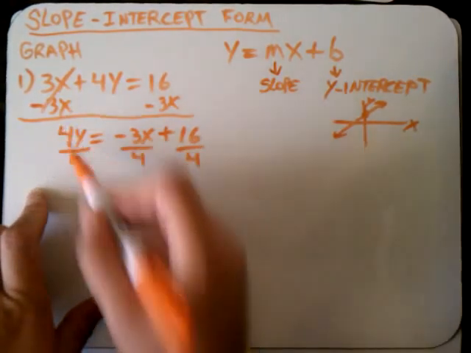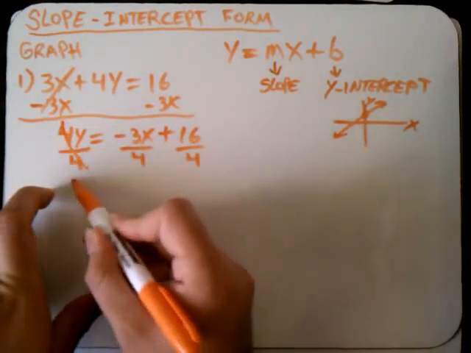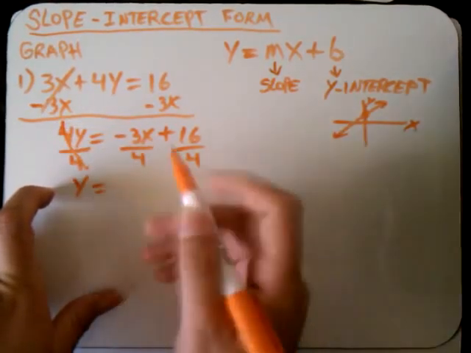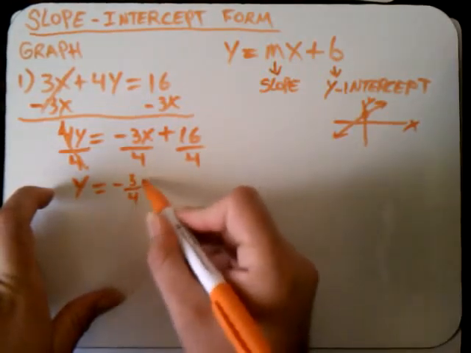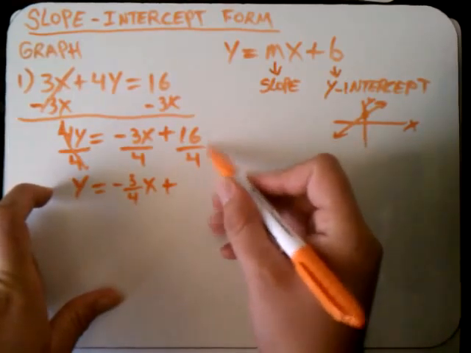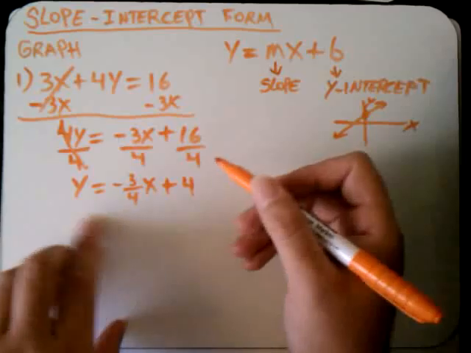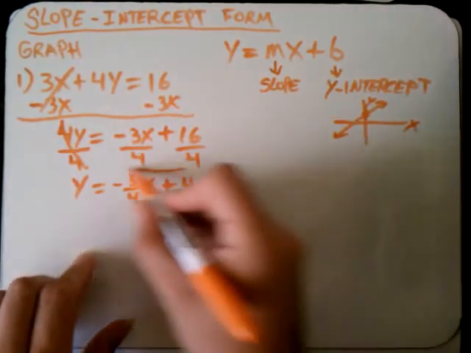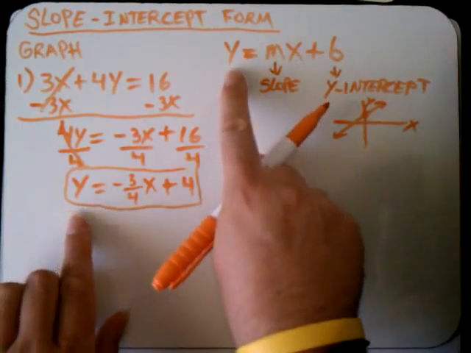The 4 and the 4, whenever you have a same number top and bottom, you cancel it out. Y equals negative 3 over 4 x plus, and this can be divided, 16 divided by 4 is 4, okay? Notice that you already have the equation that looks like this.